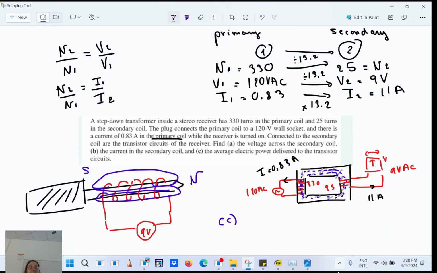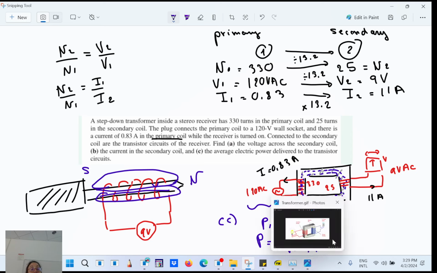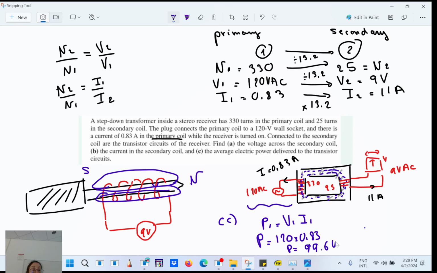Okay, can we find the power? So that will be the energy consumed here. You get energy from the power supply. So the energy consumed will be equal to V1I1. So what's going to be the power? It's going to be 120 times 0.83. So what do you get? About 99.6 watts.